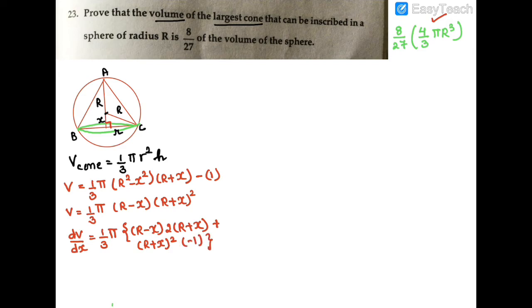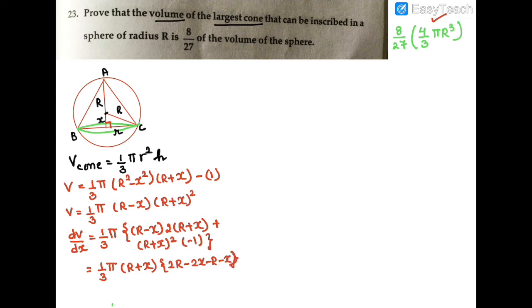The advantage with a power on the top is that you can take out certain terms common. So here R plus x and R plus x can be taken out common. I need not expand it. So this will give you 1 by 3 pi, and R plus x is common, leaving me with 2R minus 2x minus R minus x.